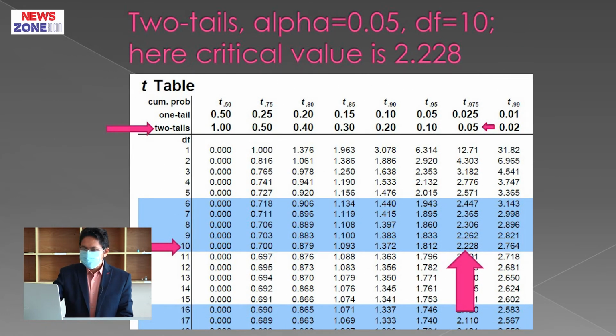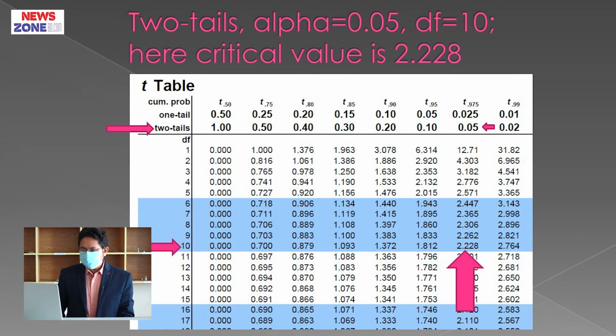Here this is a t table or student's t distribution table which is available online or in textbooks. So, here we shall look up our critical value depending on our alpha and degree of freedom. We see our number of observations is 11. So, degree of freedom is 11 minus 1, that is n minus 1, that is 10.